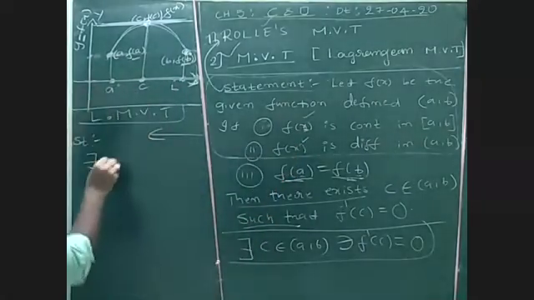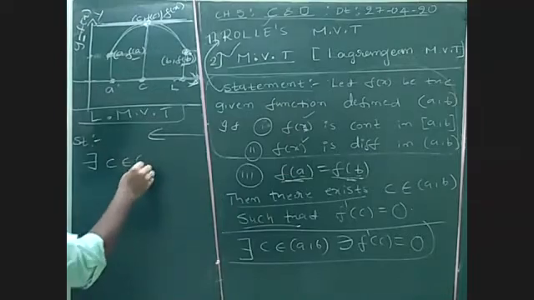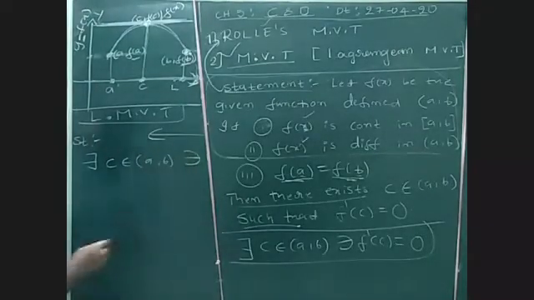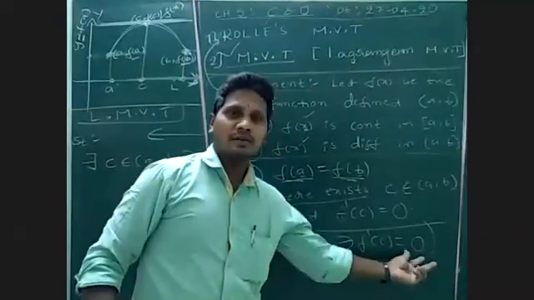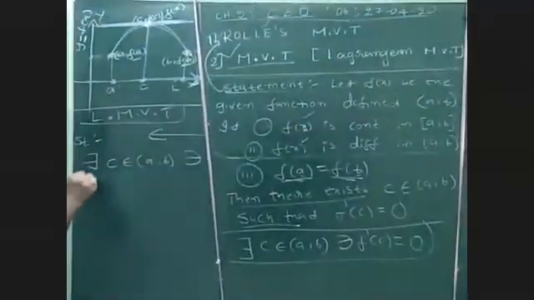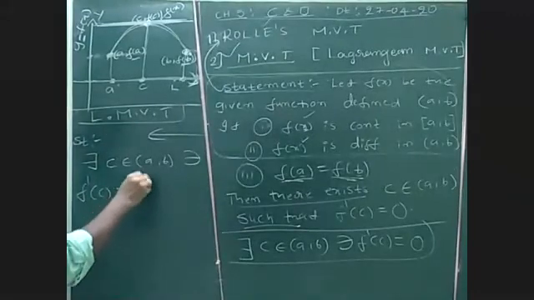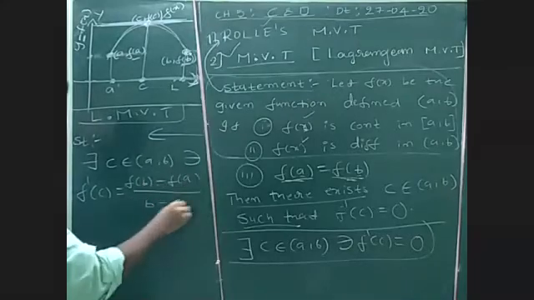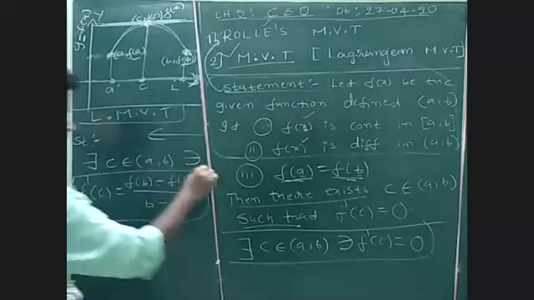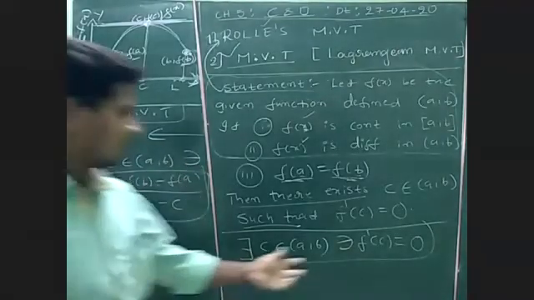Then there exists C belonging to the open interval (a, b) such that, see here, in Rolle's f dash of C is equal to 0, but here the f dash of C value will be f of b minus f of a by b minus a. This is the only difference.